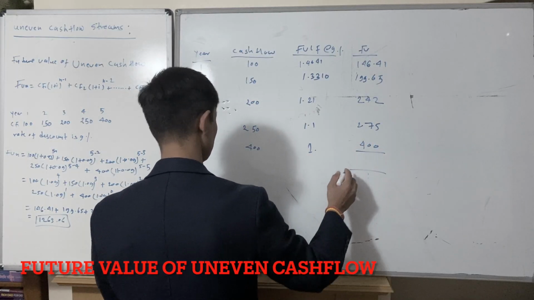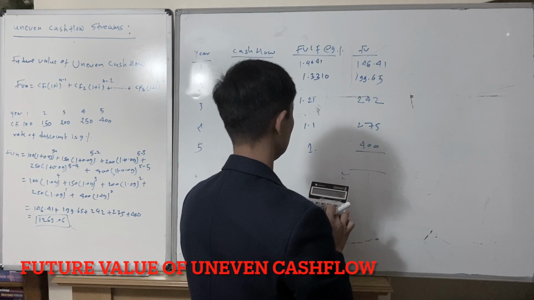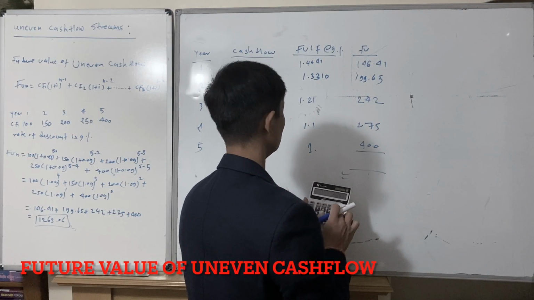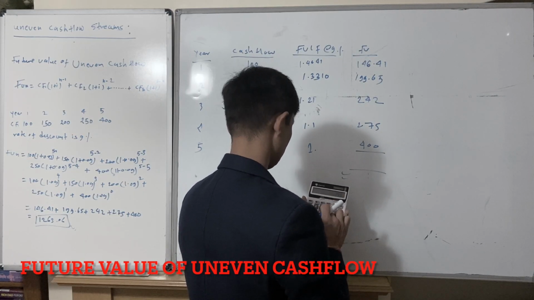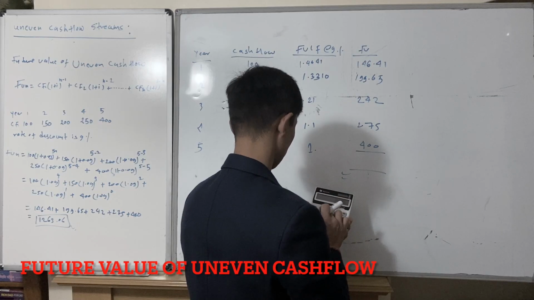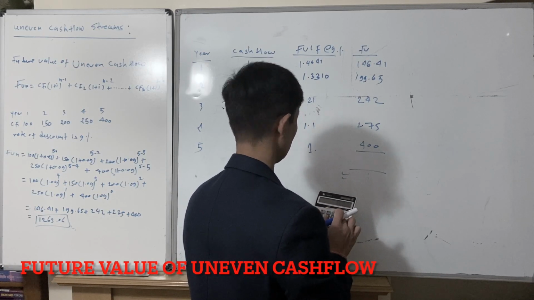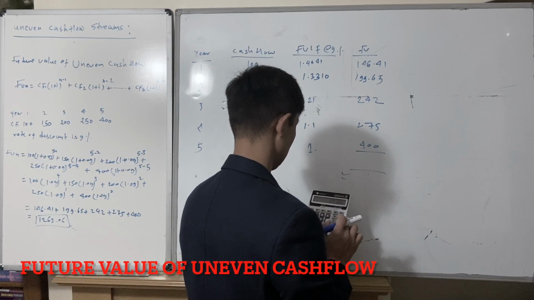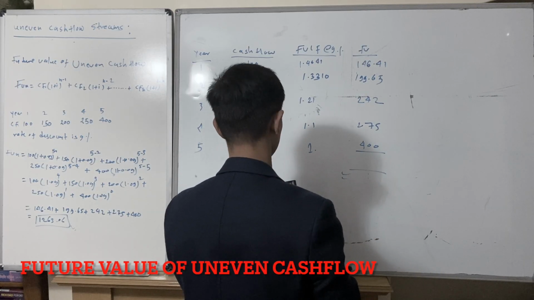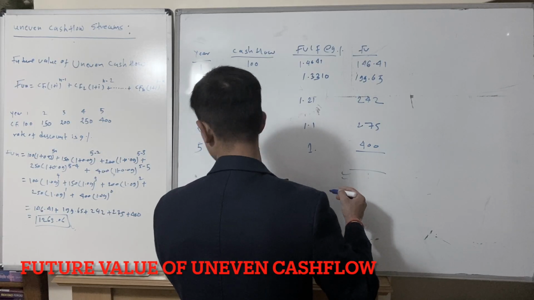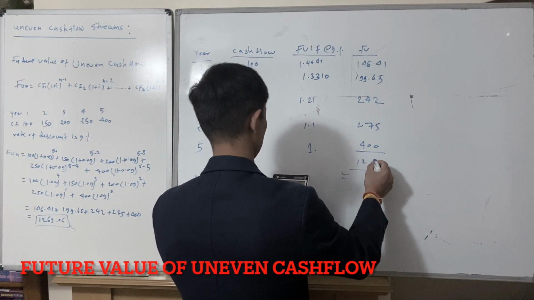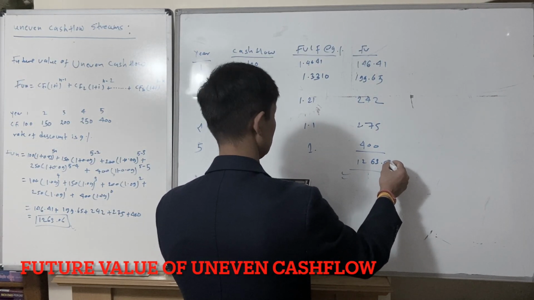Let's add up all of this. This should be 146.41 plus 199.65 plus 242 plus 275 plus 400. Exactly 1263.06.